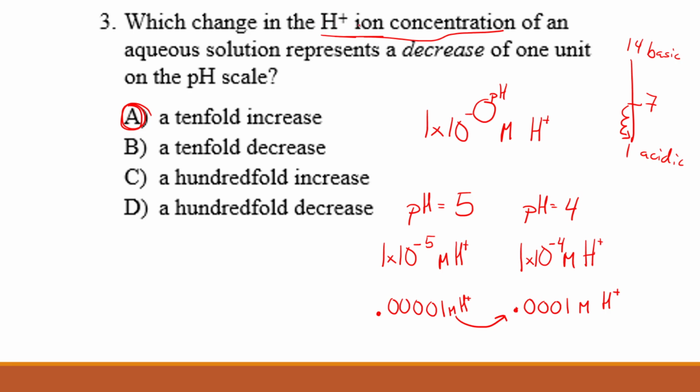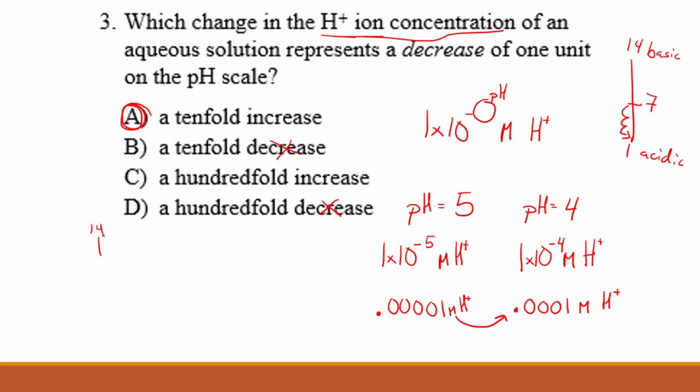H plus is coming from acids. If we want it to go down by 1, to get more acidic, it's going to have to be more H plus. So we know it's not going to be either of these decreases. It's got to have more H plus because there's more acid. And then it's about just doing the math to figure out, is it 10 or is it 100?